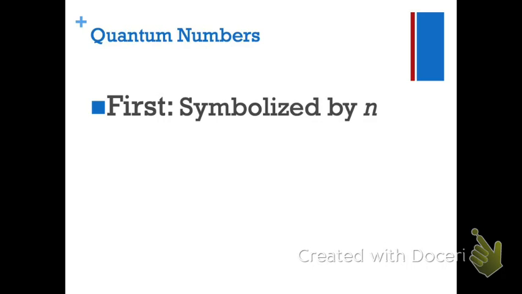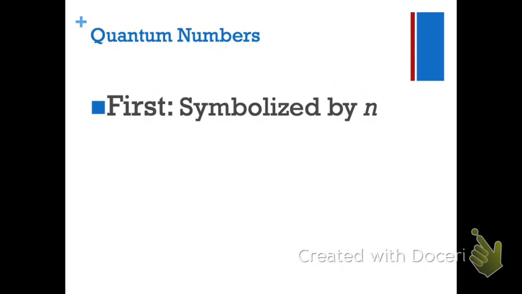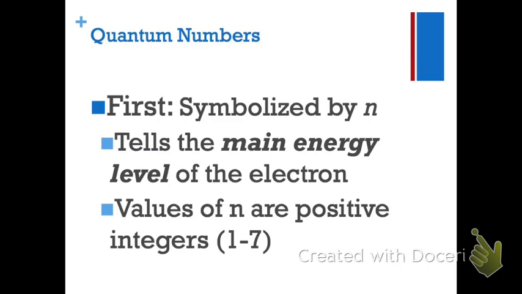I wouldn't worry too much about knowing the letter that goes with it, but the n value is the one that always comes first. So n, then l, then m, then m s. This is what comes first, and it tells us the principal energy level, or the main energy level of the electron, or what shell it's in. You can think of it that way too, what shell it's in.